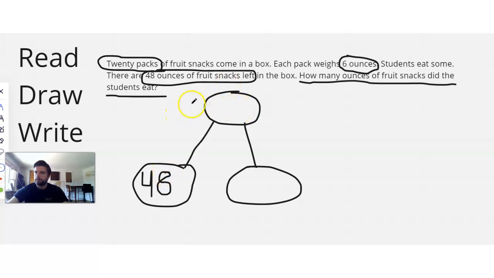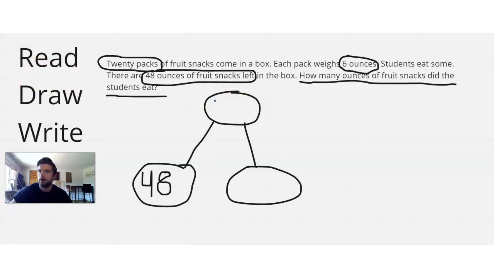This top number, which is the number we're going to start with, is the number of ounces in a box. So we'll represent that with a letter O. Actually, I'm going to write this out so we don't forget what that letter means.